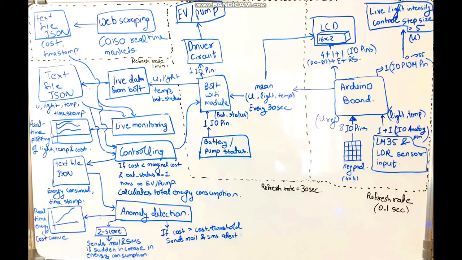Then there is the controlling part. The controlling part captures the cost and the u value of the light, and it calculates the total energy consumption of the whole system.